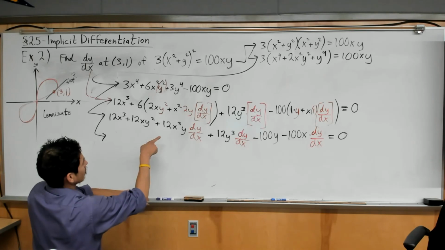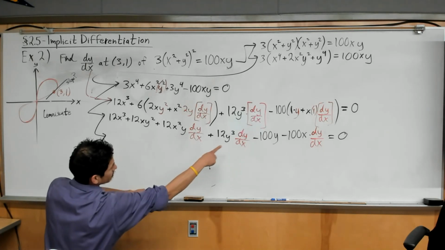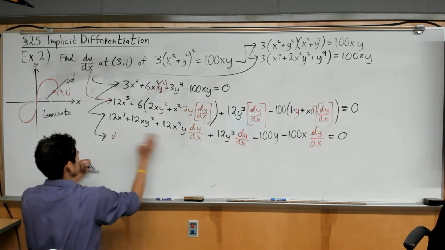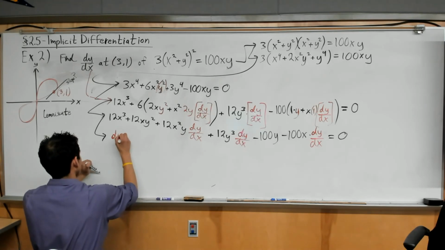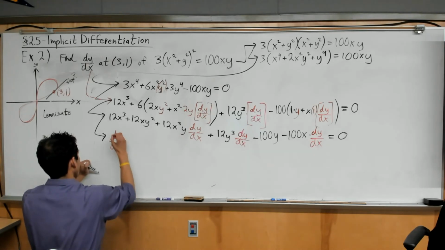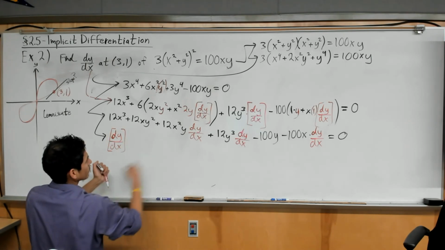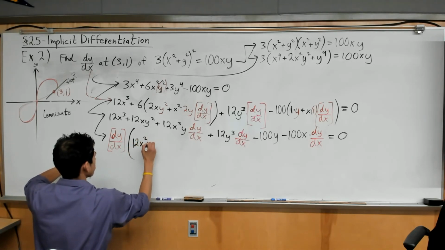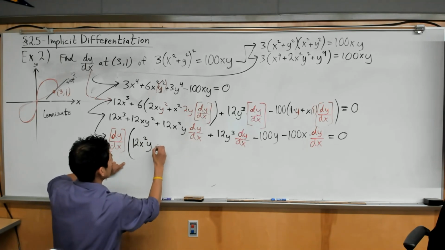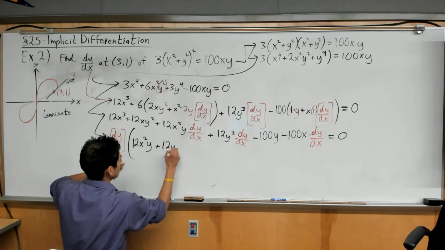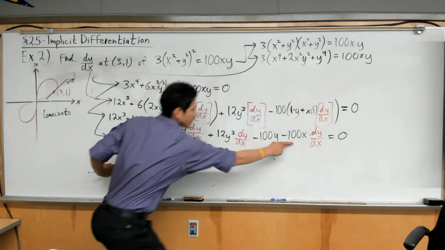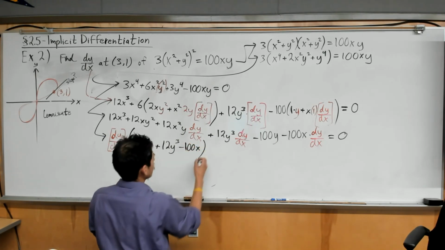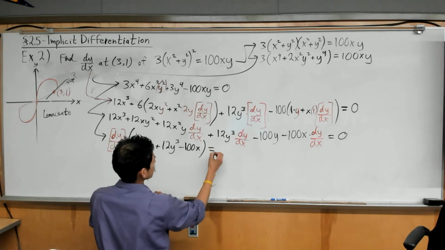Now, factor out the dy dx for these 3 terms. Bring everything else to the right. So dy dx, factoring that out from 12x squared y plus 12y cubed minus 100x, equals.